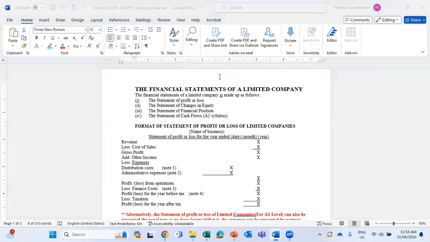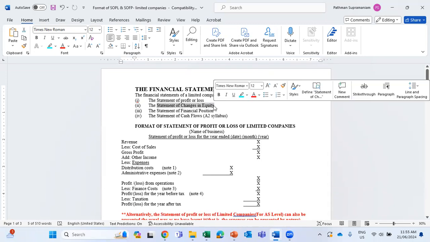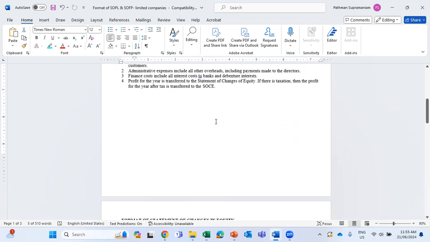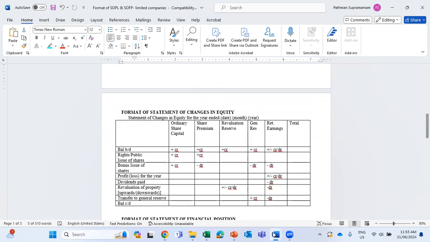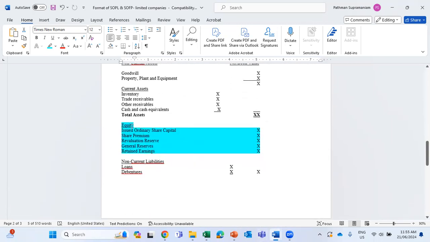Okay, never mind. Now, this statement of changes in equity is a statement which tells you how the equity balance changed from the start to the end of the year. So what is equity? Like what I showed you just now, equity is what I colored in blue. The share capital plus all these four are called reserves.